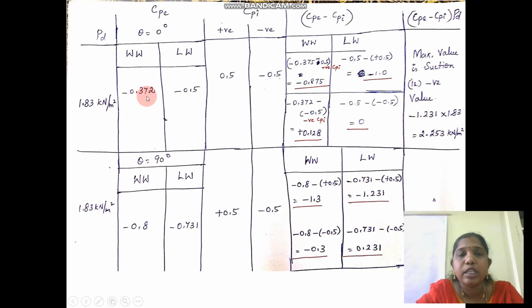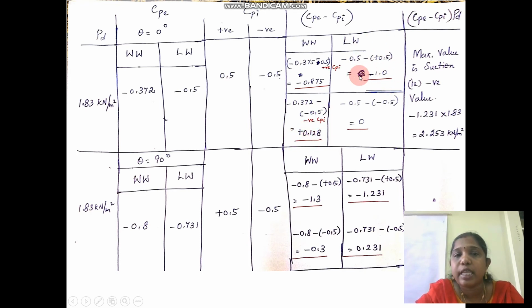So minus 0.372 minus 0.5, both the signs are the same, so it is going to be additive, that is minus 0.872. Next, I calculate minus 0.372 minus of minus 0.5. This is going to have a positive effect. So minus 0.372 plus 0.5, that is why my value is positive here.